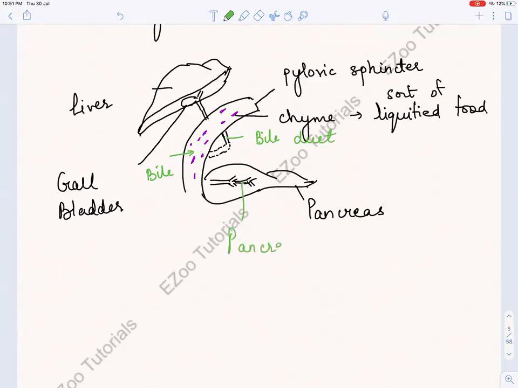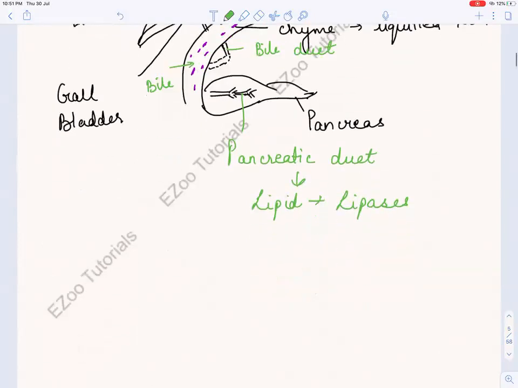There are many ducts to learn over here, and they have very interesting, very different kinds of names. Just for your little information, the pancreatic duct carries some lipases to digest lipids, and for the carbohydrates we eat, some pancreatic amylase, and for protein some protease.